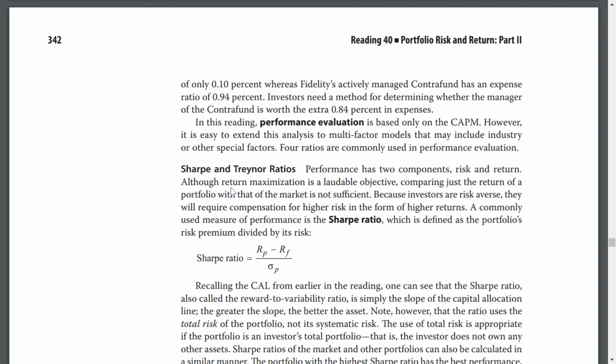Investors need a method for determining whether the manager of the Contrafund is worth the extra 0.84% in expenses. Our performance evaluation is based only on the CAPM. However, it's easy to extend the analysis to multifactor models that may include industry or other specified factors.